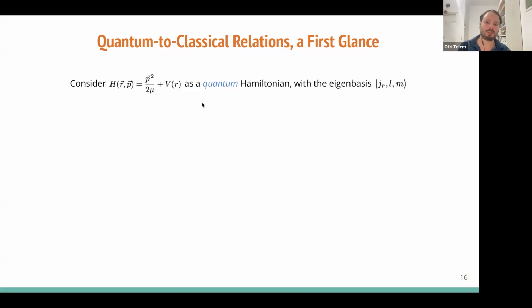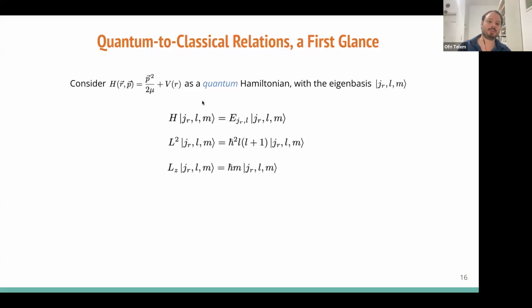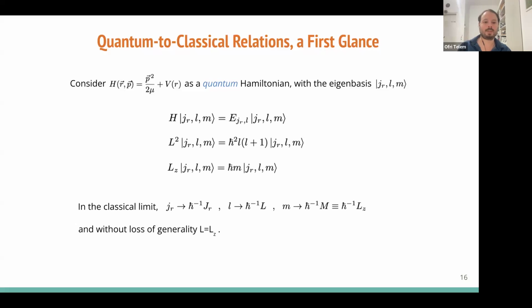But generically, the quantum numbers will be Jr, the radial quantum number, and then L and M are the angular quantum numbers. So they're the eigenstates of these operators.